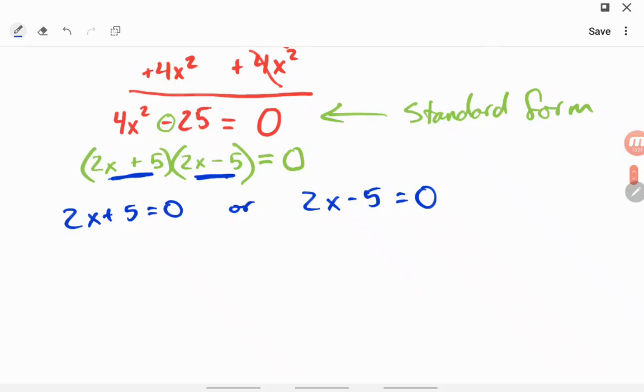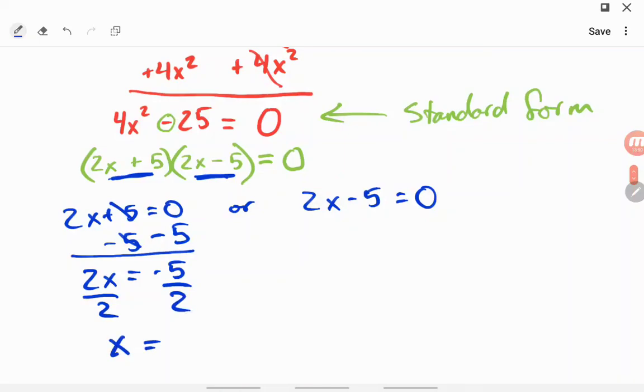But let's solve for x to find our roots, our solutions, our zeros, our x-intercepts. All right, so over here, we get to subtract 5 from both sides. We cancel and get 2x equals negative 5. Divide both sides by 2, and we now have x equals negative 5 over 2.